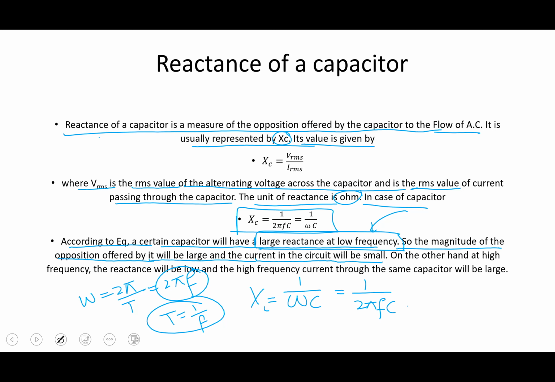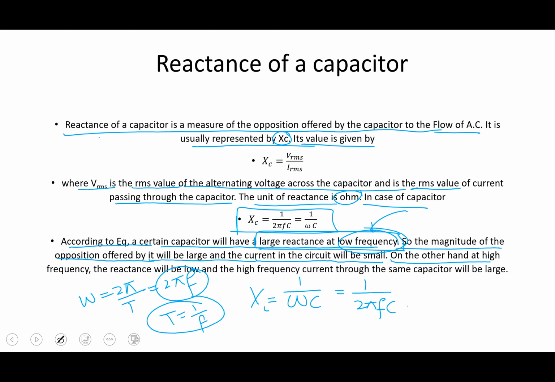If the time period is very high for charging and discharging, the current will not flow, because the capacitor will be charged fully and will not allow the current to pass through it. So it will stop the current. That is why at low frequency it performs as a large reactance.